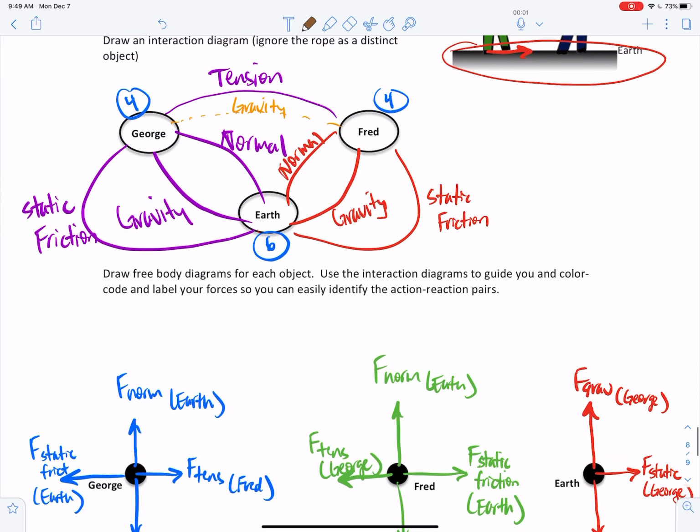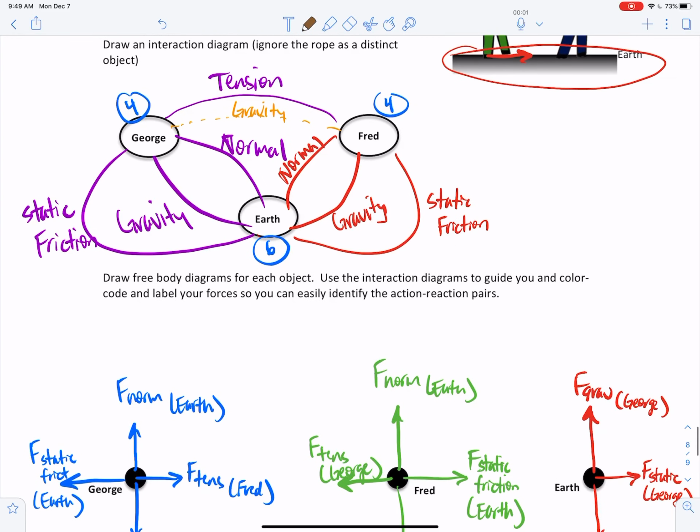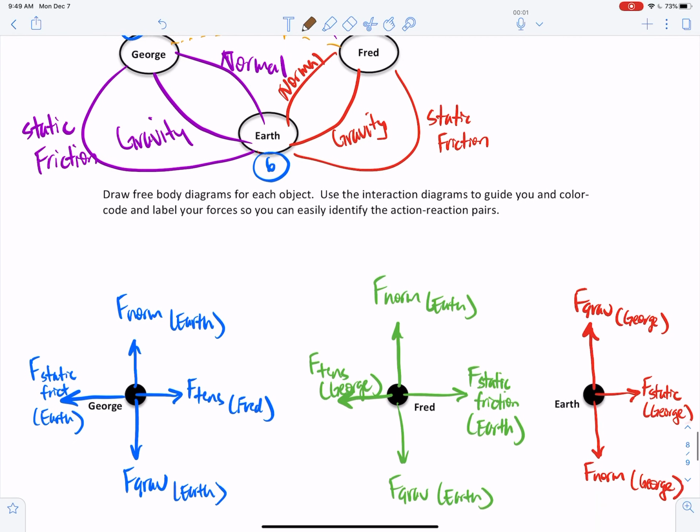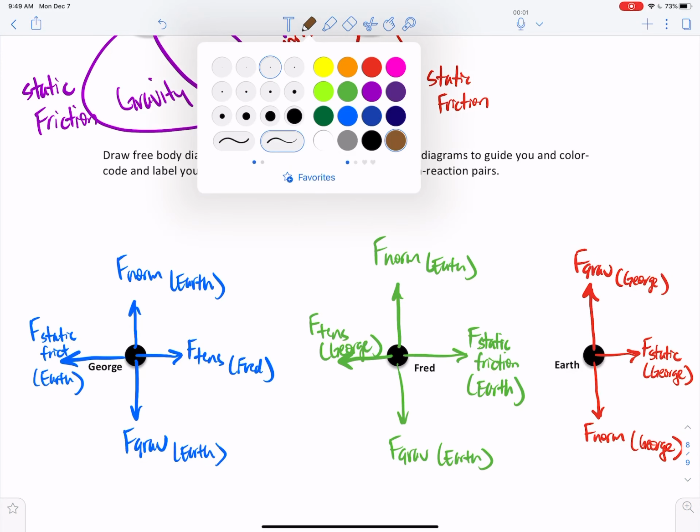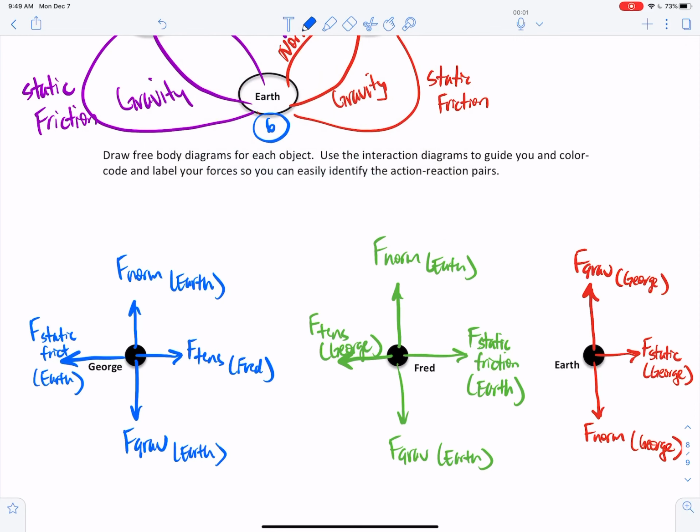Okay, and then the Earth has 3 forces from Fred. Okay? Normal force, gravity, and static friction from Fred. So let's add those. And I'm actually going to use a different color. So Earth is being pulled to the left by static friction from Fred. The Earth is being pushed upwards by a force of gravity from Fred.